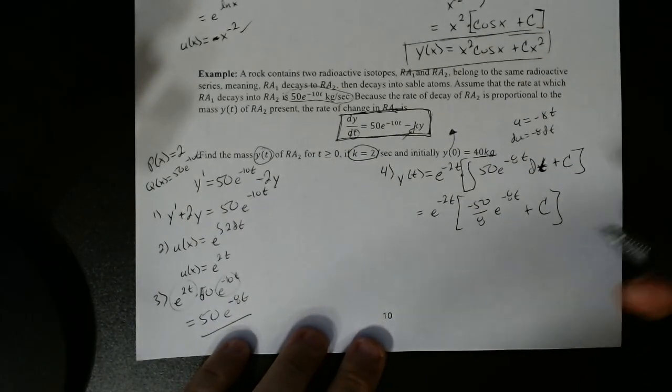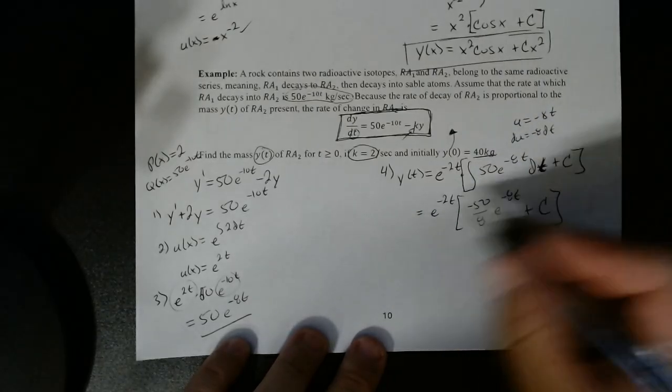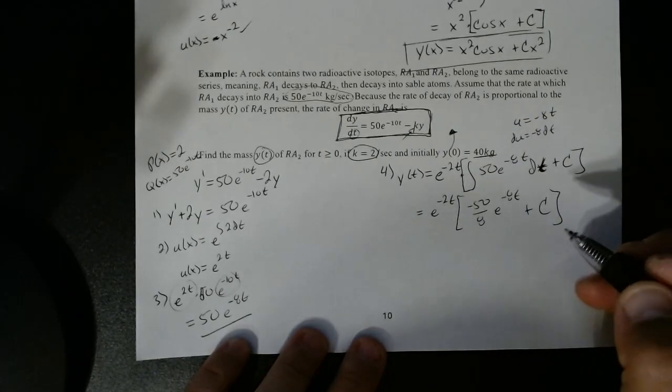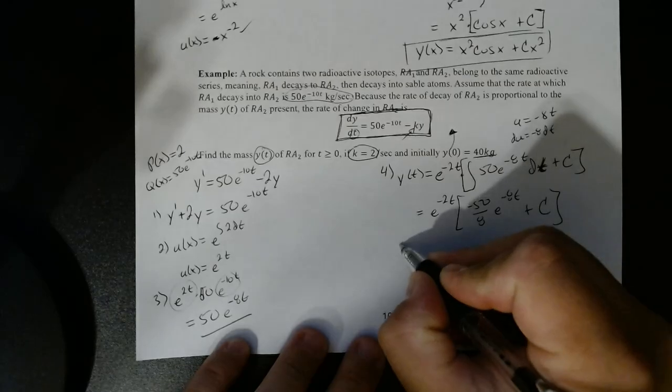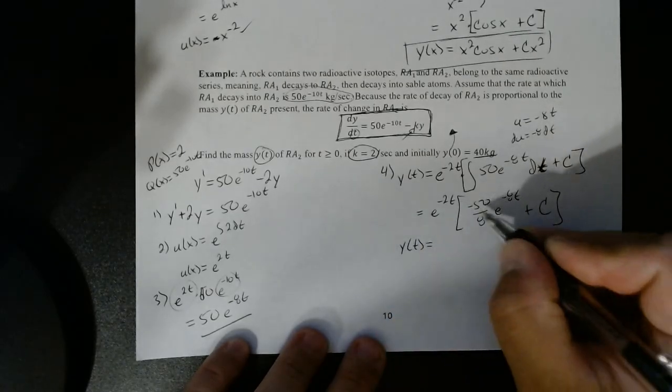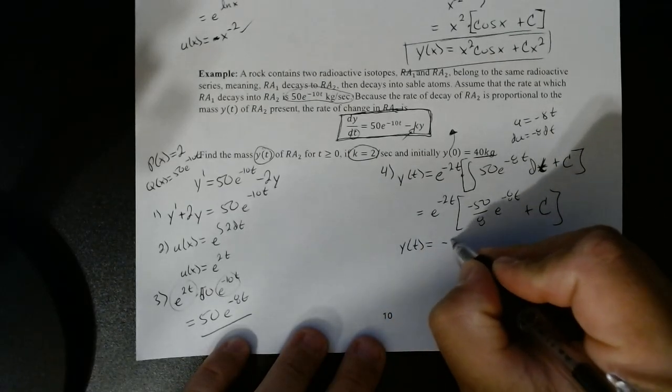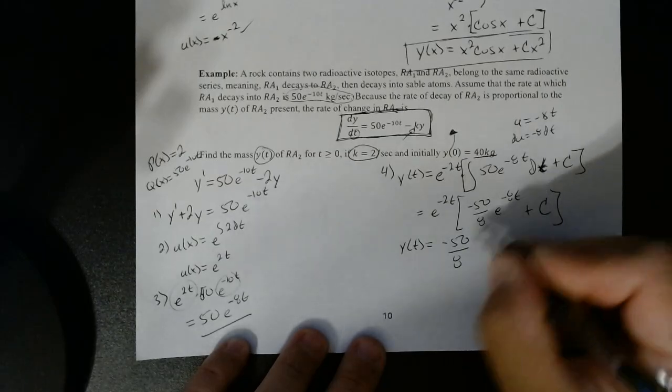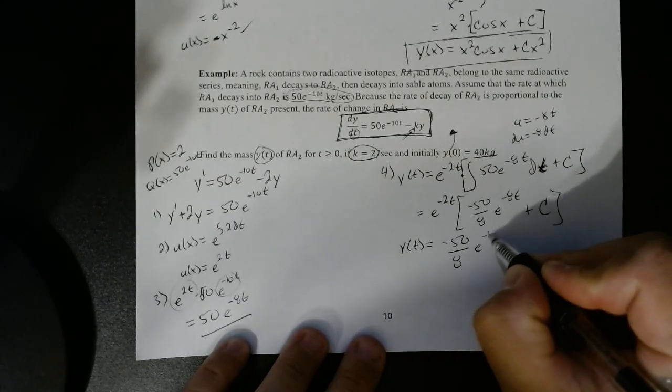All right, so distribute this, all this fun stuff. And notice we still end up getting e to the negative 10t.